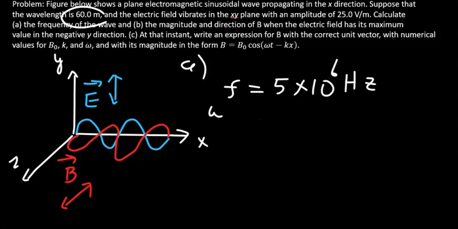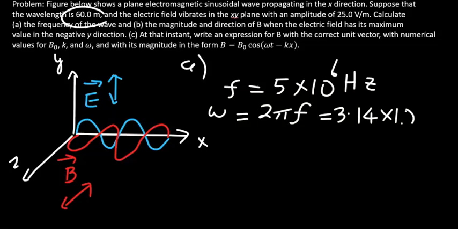We can even proceed to determine the angular frequency, which is given as 2 pi, the frequency in hertz, and that's going to be 3.14 times 10 to the power 7 radian per second. For future use, let's also calculate the wave number.